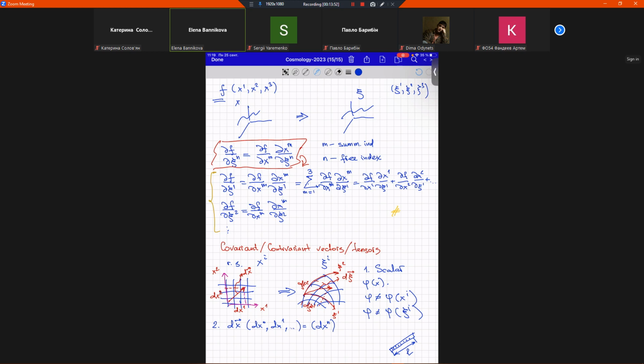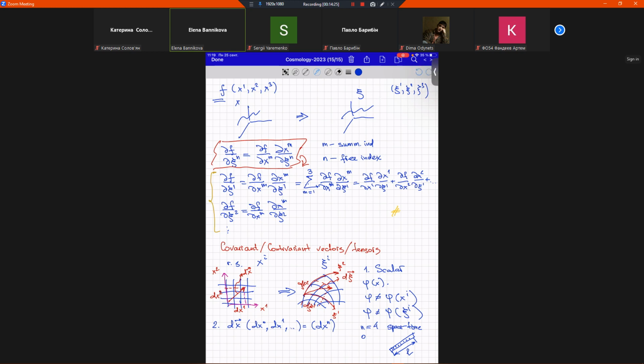If you consider 3-dimensional space, n goes from 1 to 3. If we consider 4-dimensional space, n goes from 0 to 3, so this is n equals 4 if we consider space and time. Usually we put 0 as time, and 1 to 3 as space.